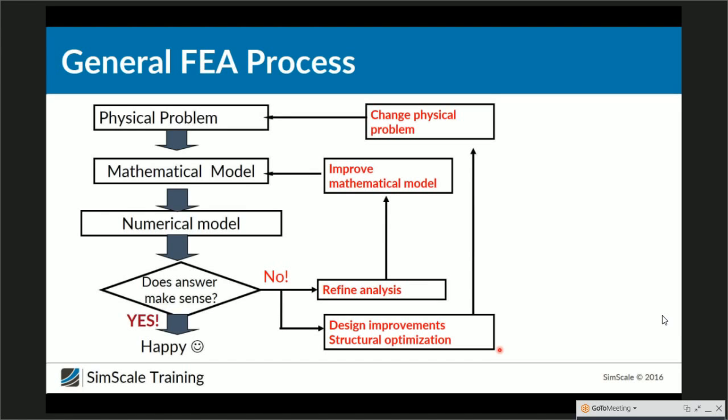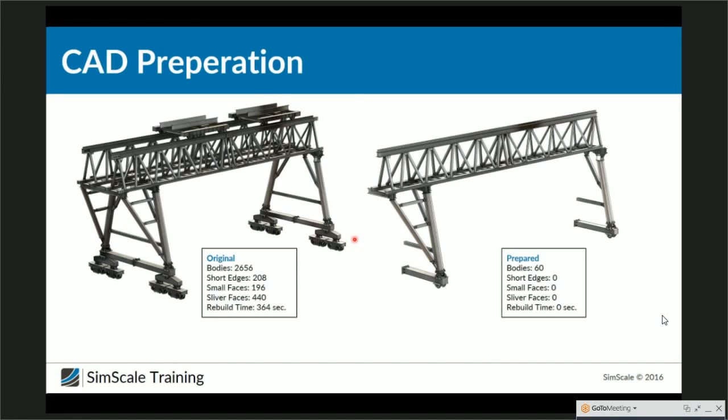And this can mean that you really have a problem with your simulation. For example, just imagine if you increase the node density in an area where you don't have a lot of change of stress, and you have a very coarse mesh somewhere where there is a high change of stress, it can happen that your simulation results are bad, and then you have to improve the mathematical model, which means, for example, change the mesh or the boundary conditions or something else.